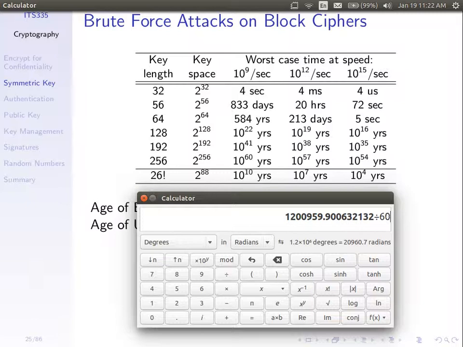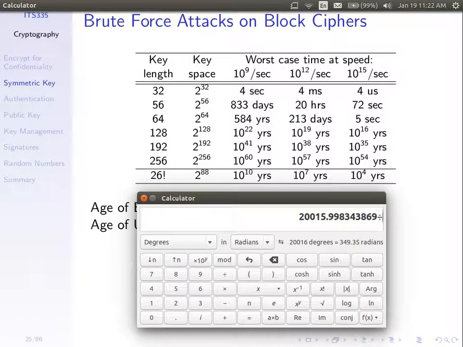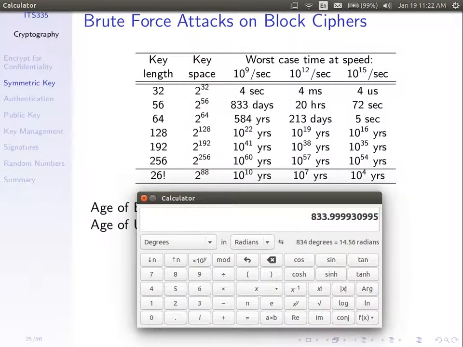How many hours? Divide by 60. How many days? Divide by 24. That's how I arrive at the 833. It should be 834 days. That is, if we do a brute force attack on DES and our computer can do 1 billion decrypts per second, then it'll take us a couple of years, almost 3 years.